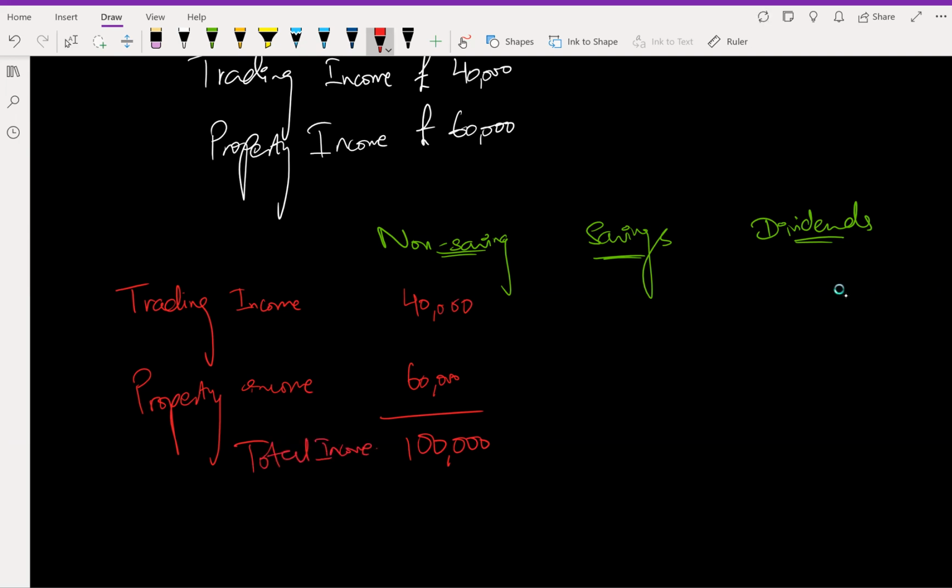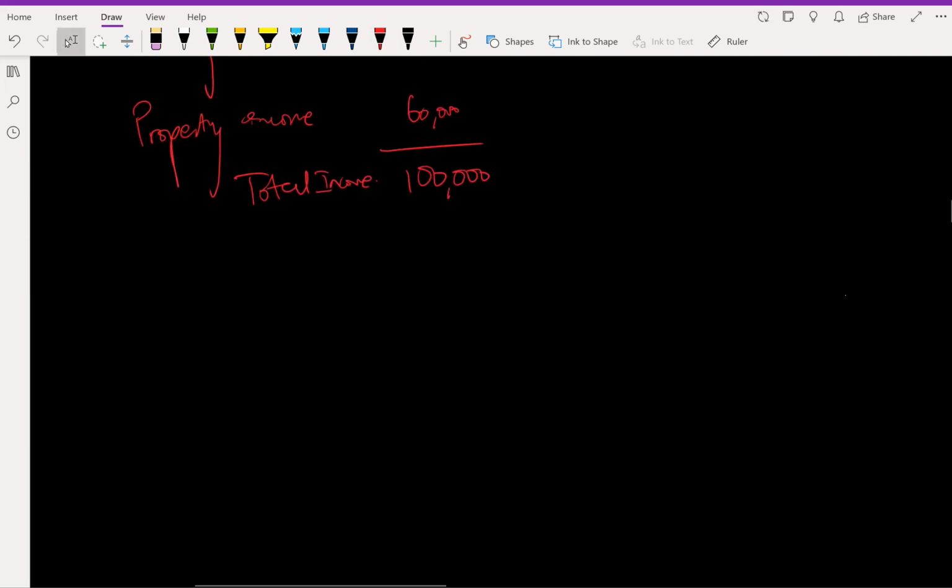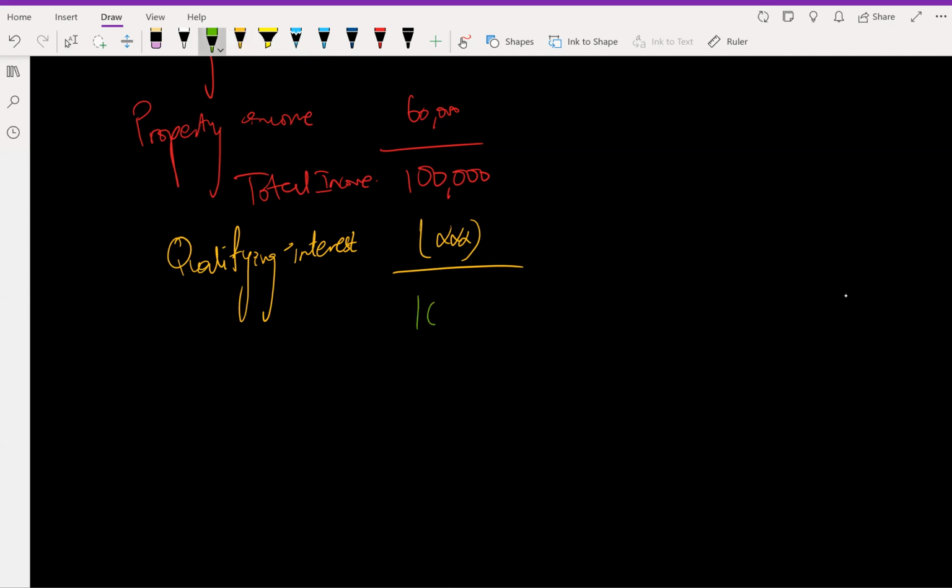From total income, you basically deduct qualifying interest. Now, what exactly is qualifying interest? Over here, I haven't given you an example of qualifying interest. I'll tell you what qualifying interest is in a bit. And this is called net total income.